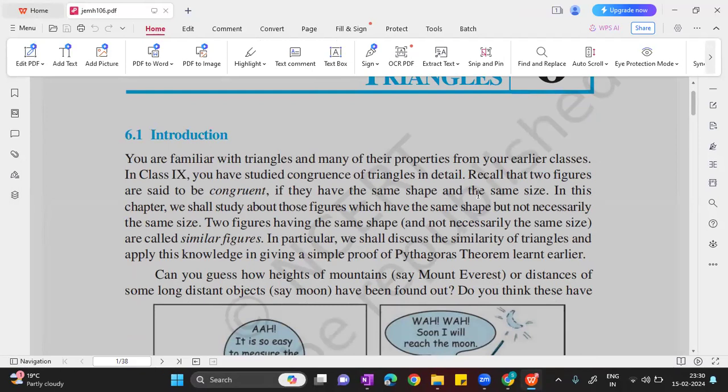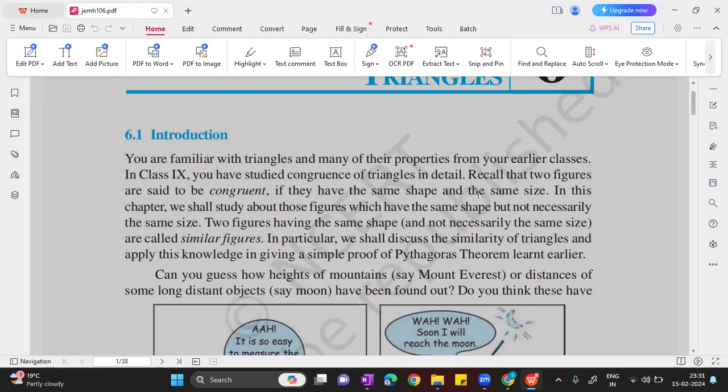You are familiar with triangles and many of their properties from your earlier classes. In class ninth, you have studied congruency of triangles in detail.